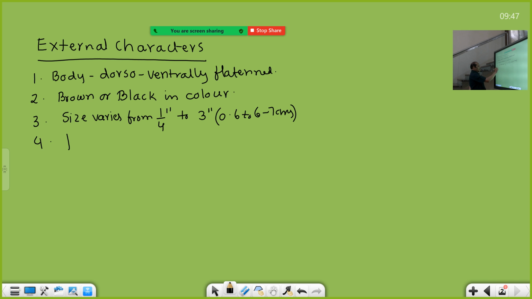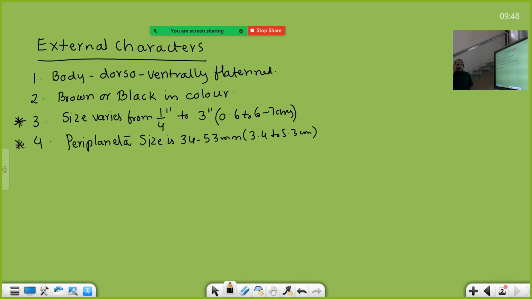But the size of our Periplaneta is, so these are NCERT informations. Keep the third and fourth points, which are very important, numerical. Periplaneta size is 34 mm to 53 mm, that is 3.4 to 5.3 centimeters.